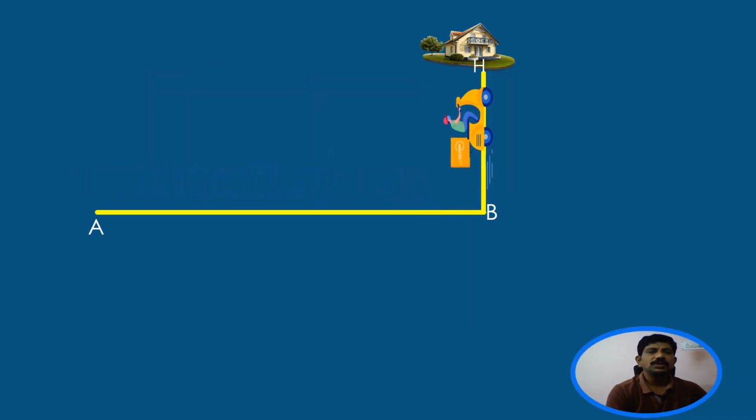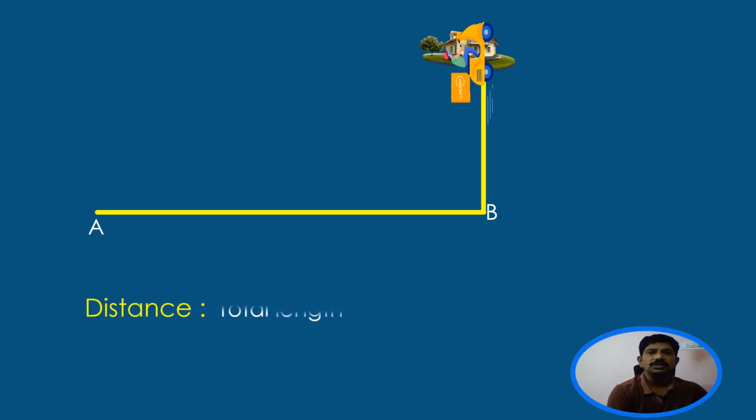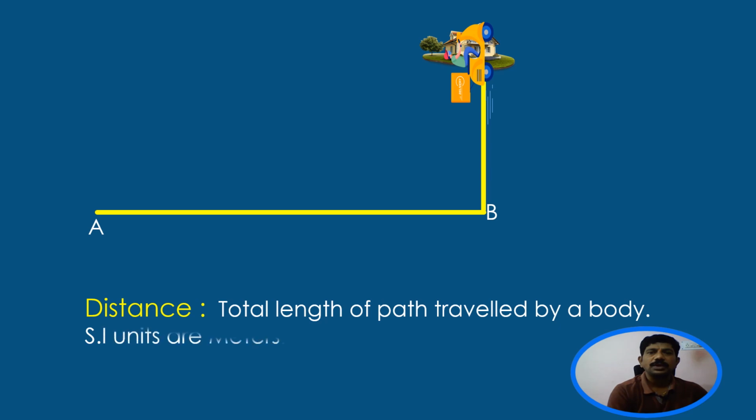Children, you observe this animation. A pizza boy started from position A and wants to reach position C. He started from A and reached B. After that, from B to C, he moved to deliver his pizza.